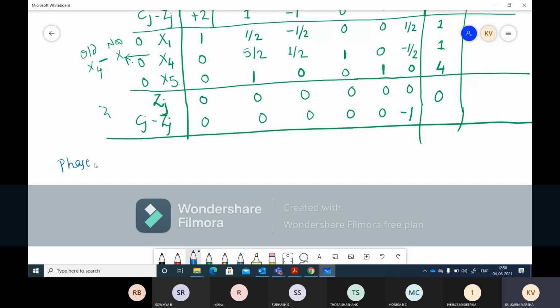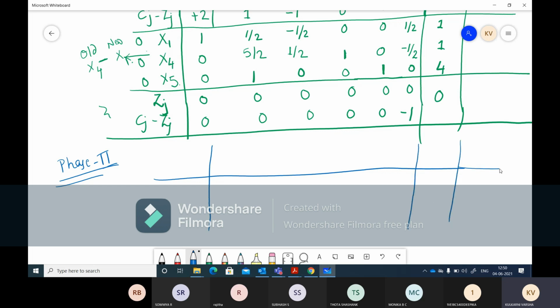Write down phase 2, and for phase 2, now you will not write the artificial variable. Leaving out the artificial variable, you will write all other variables: x1, x2, x3, x4, x5.